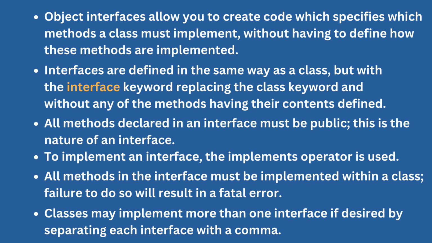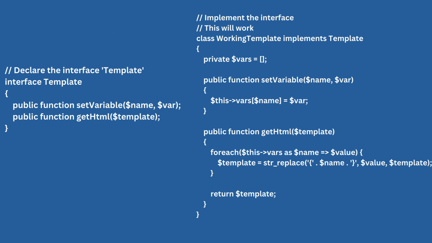Classes may implement more than one interface if desired, by separating each interface with a comma. So let us see one example here. Here you see an interface template is created with 2 methods, set variable and get HTML, and both are public.